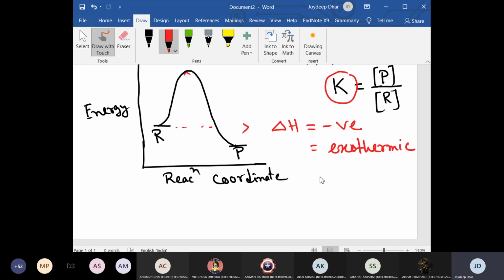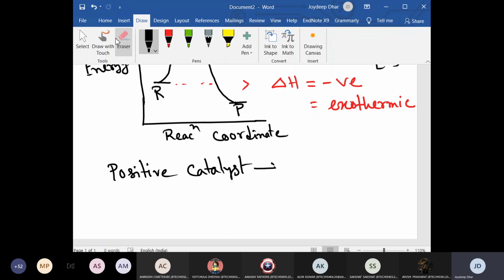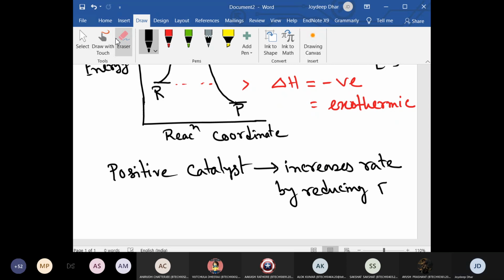So first I will discuss about some positive catalyst. So positive catalyst means, so in language I should write, positive catalyst means it will increase the rate. Positive catalyst increases rate by reducing activation energy.